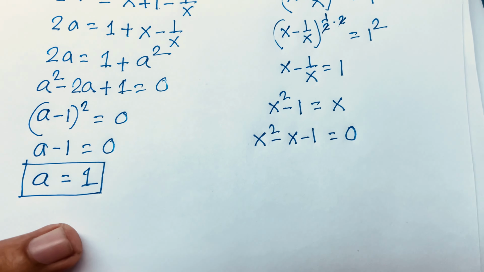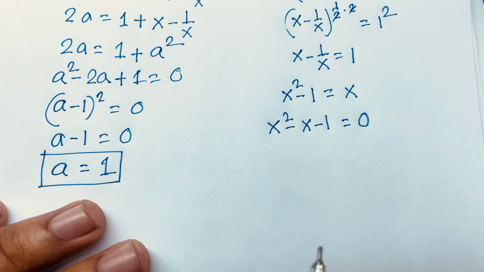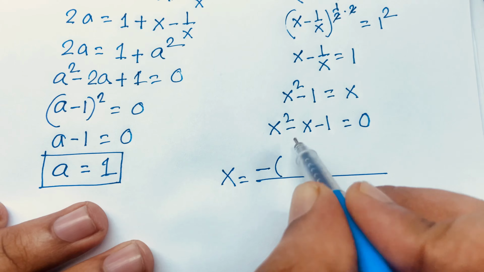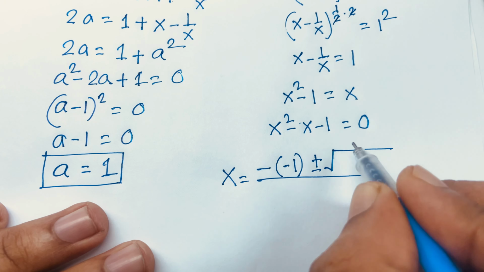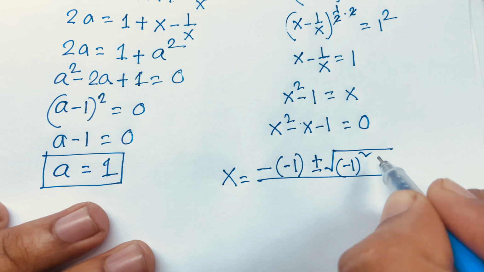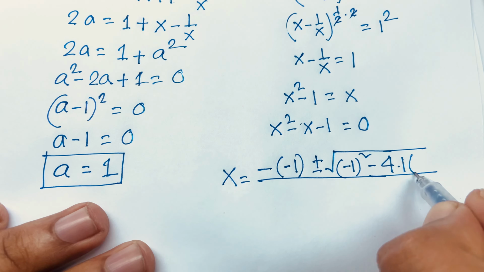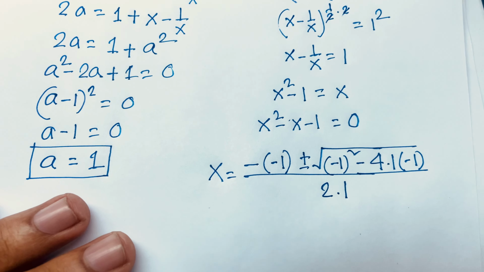So if I want to find the value of x in this question, x is equal to minus b, here b is minus 1, plus minus square root of b square, b is minus 1 whole square, minus 4ac, a is 1 and c is minus 1, over 2a, a is 1.